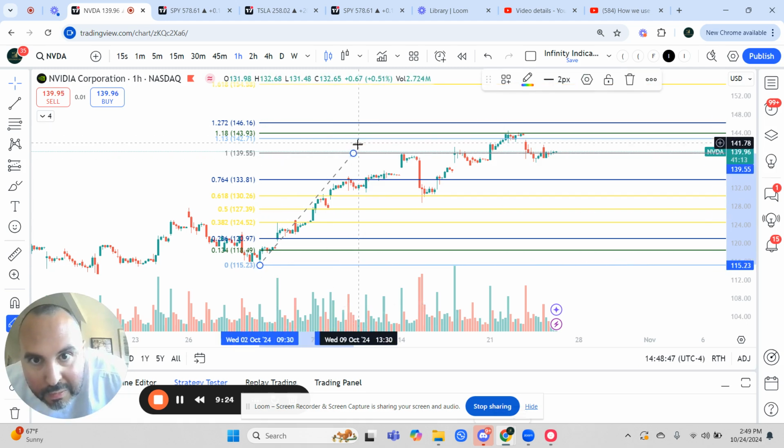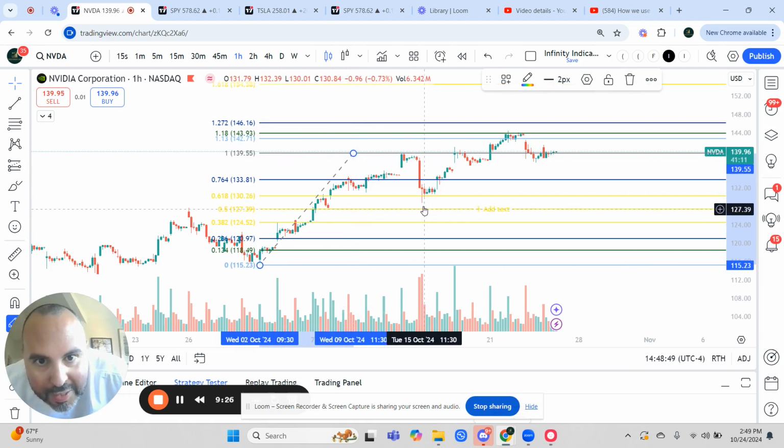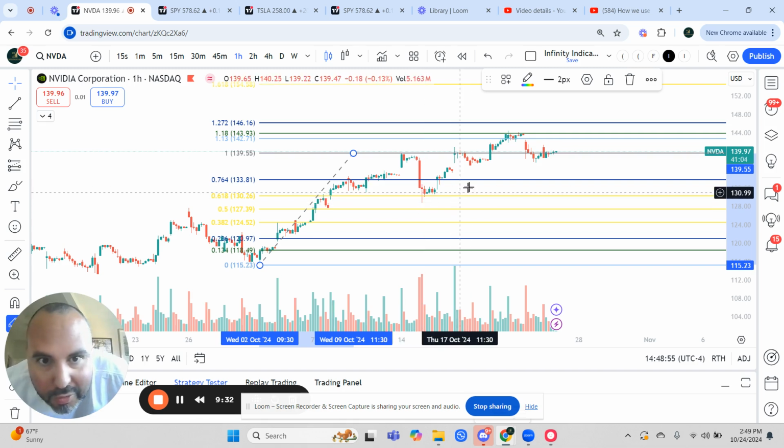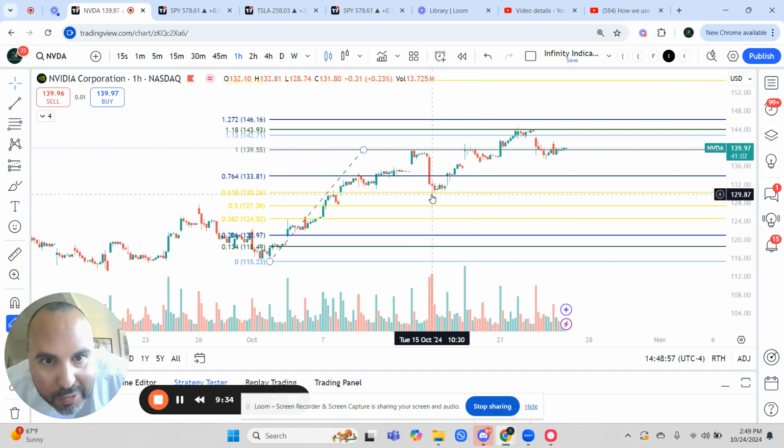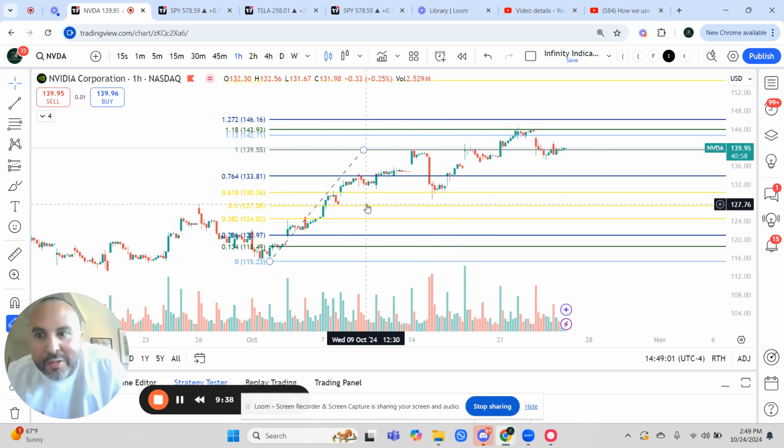So 0, 100. And it doesn't quite come down to the 50, but it does hit that 61. So we're in the golden zone. So what am I looking for? Well, buyers are stepping in here. You can see, and that's not any coincidence. Algorithms. This is a lot of algo type stuff. Okay.